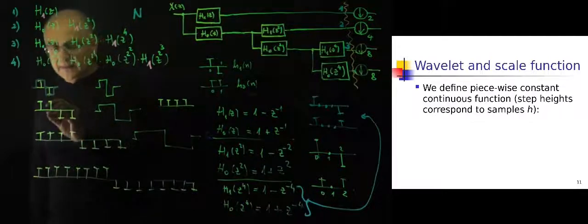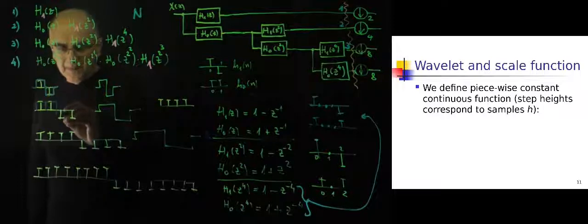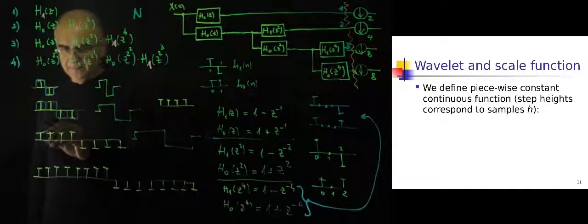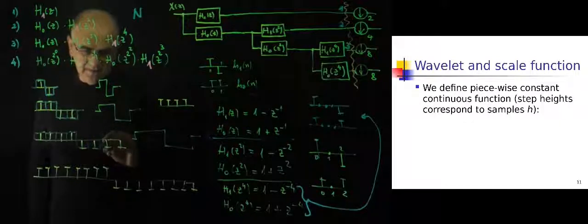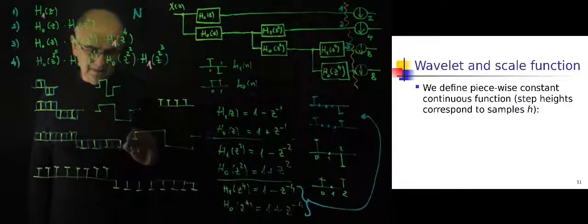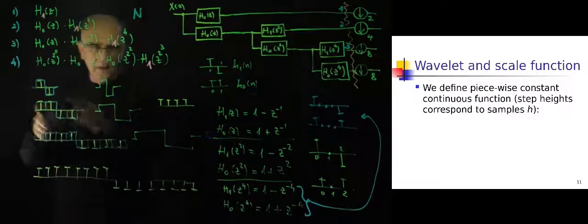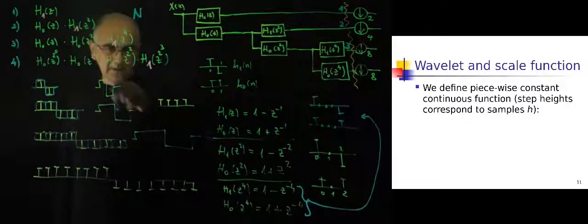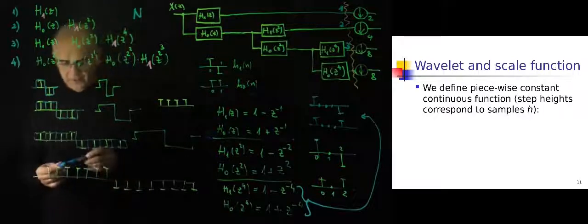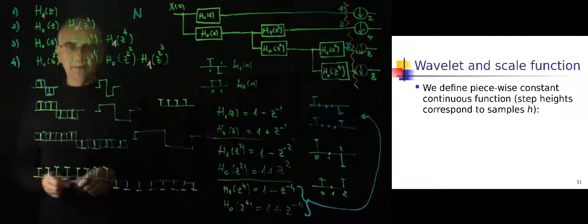So let each sample correspond to a piecewise approximation of a continuous function. In that case, we are going to have what we had: our continuous wavelet function, by collecting it together.